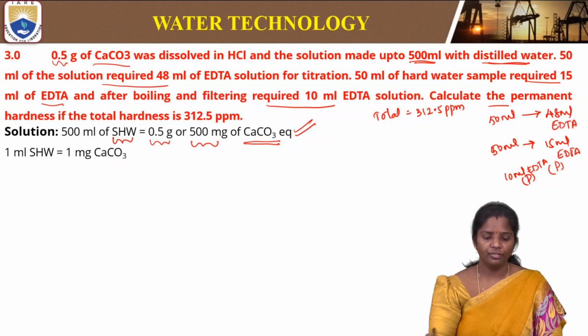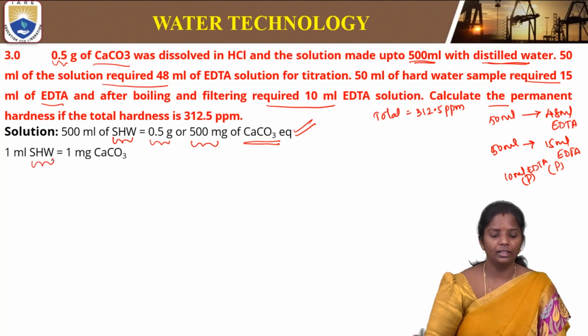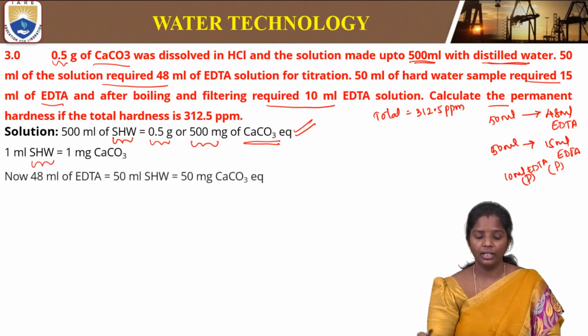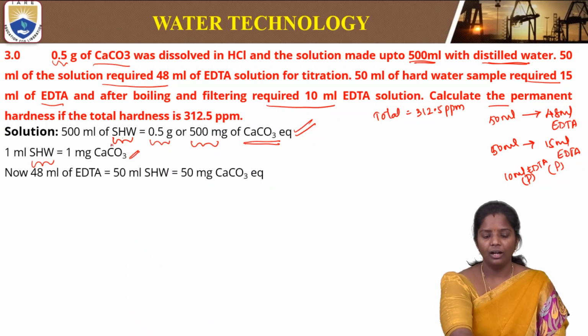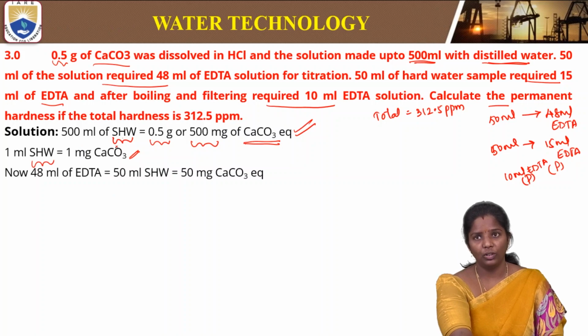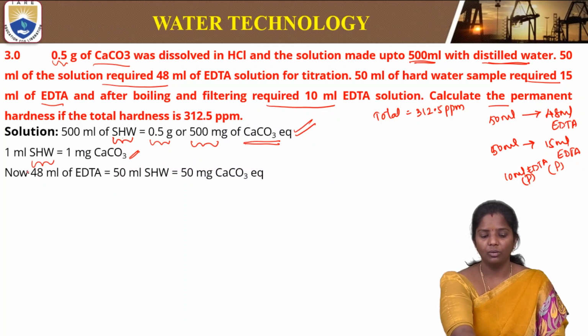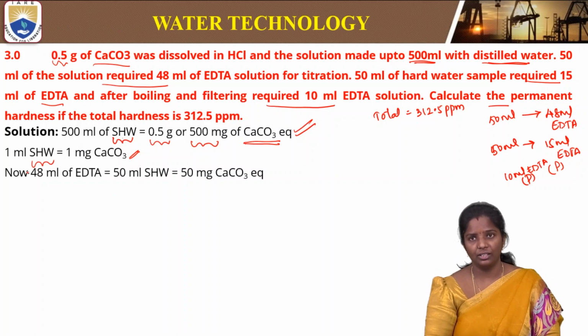Then how much will 1 ml of standard hard water contain? It is 1 mg of calcium carbonate. If 500 ml of standard hard water contains 500 mg, then 1 ml contains 1 mg of calcium carbonate.